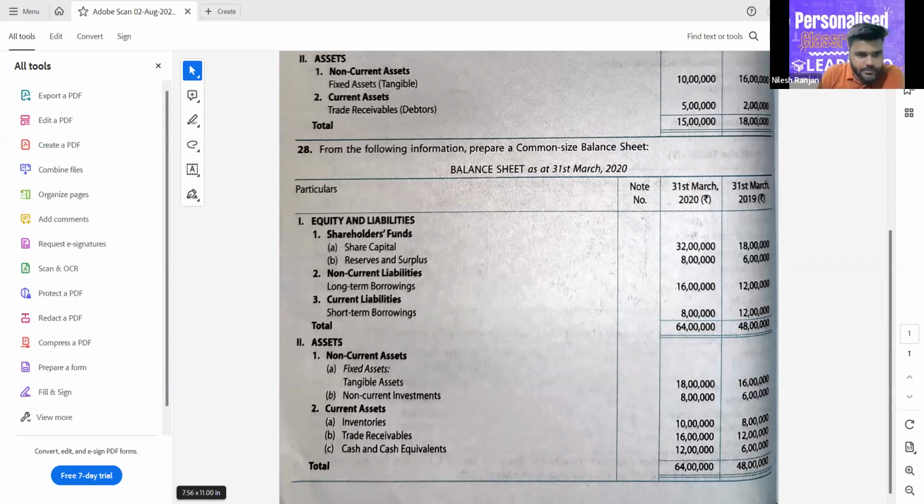The first part is equity and liabilities. Now, the first item in equity and liabilities is shareholders fund. Under shareholders fund, there is share capital and reserve and surplus.